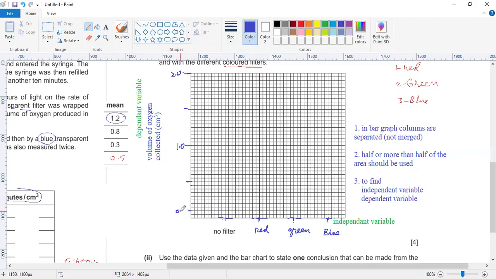Two small divisions is equal to 0.1 because there are 20 divisions when we have taken 1.0 here. This is not 10, this is 1.0.